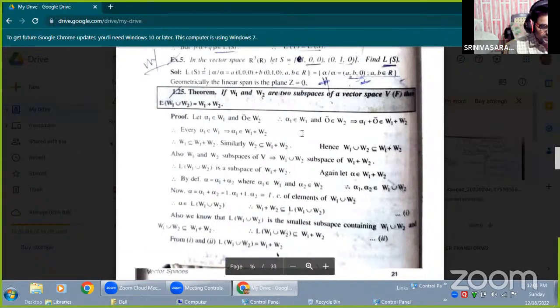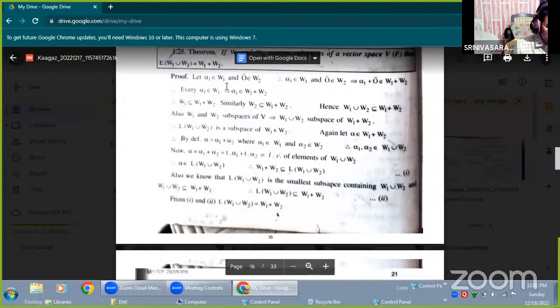Now, how to prove this theorem? First of all, you have to assume this. According to the definition of linear sum, how do we write a vector of W1? Here, the first subspace vector is, say, alpha 1. Through the additive identity property, comparing with the linear sum definition, alpha 1 plus 0 bar, where 0 bar also belongs to W2, meaning the element of the second subspace is the zero vector. So alpha 1 plus 0 bar belongs to W1 plus W2.